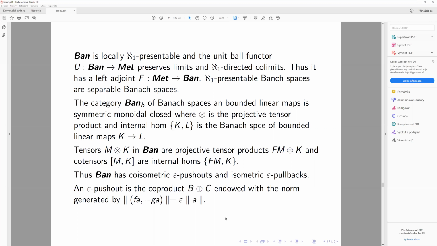Does that sound right? I'm not sure, but I should think about that. Yes. Okay. So again, if you have tensors and epsilon pushout. If you have cotensors, so you use the limits actually. No, I think that's true. Yes, I think that's true. Maybe it's also somewhere in our paper. Okay.